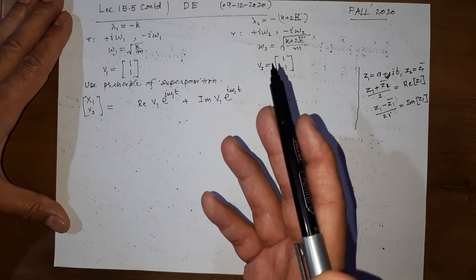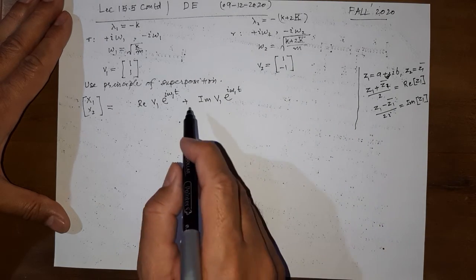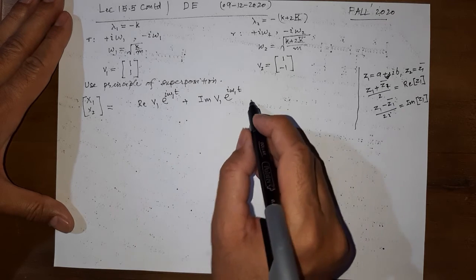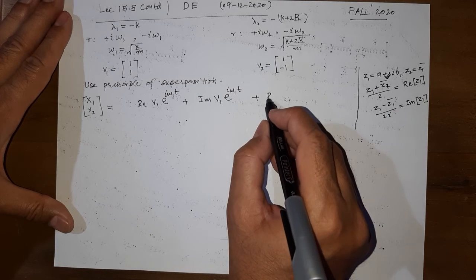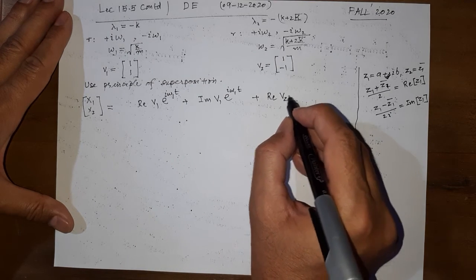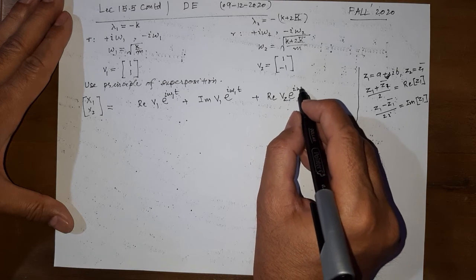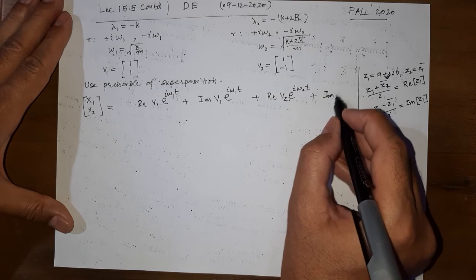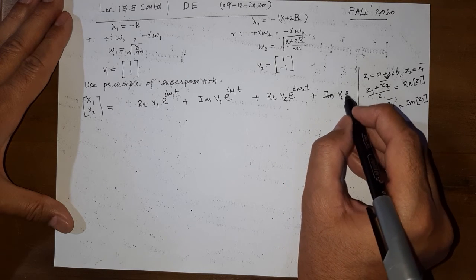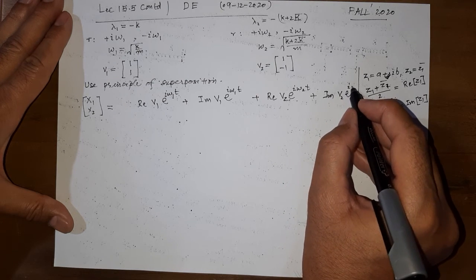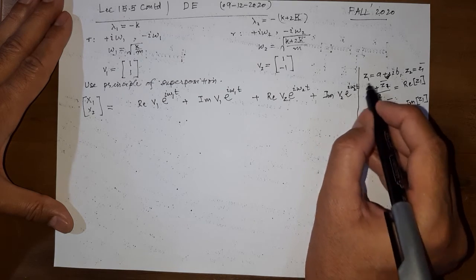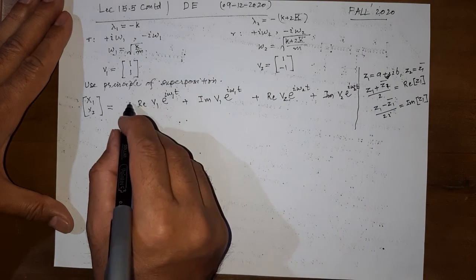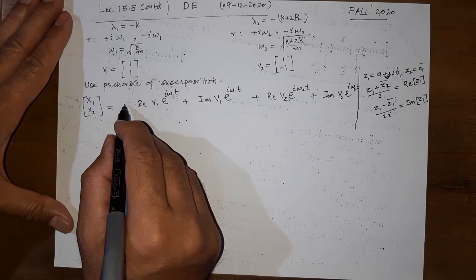If the values are not complex conjugate, which is highly unlikely for practical physical systems, this is what we are going to do, plus the real part of v2 e raised to the power iota omega 2 t plus the imaginary part of v2 e raised to the power iota omega 2 t. And we can use constants here.